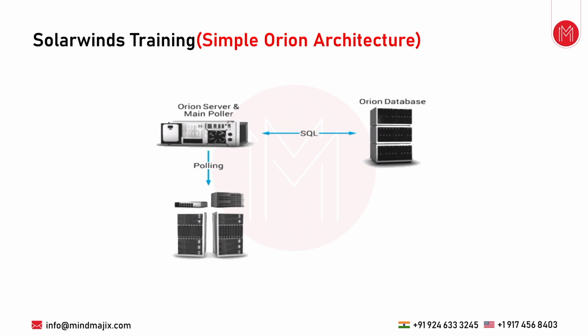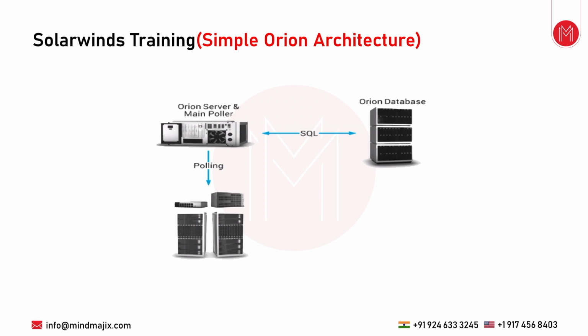Once we have installed the software on the Orion server, we integrate it with the Orion database. The Orion database is an SQL database, and we can poll the devices, depending upon what modules we have installed on the Orion server.